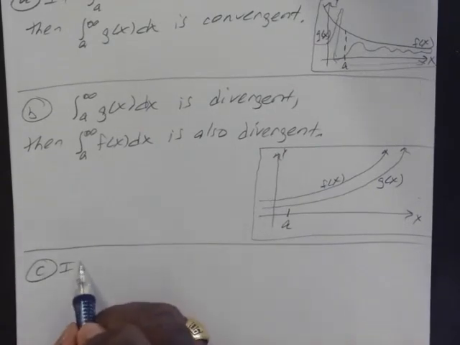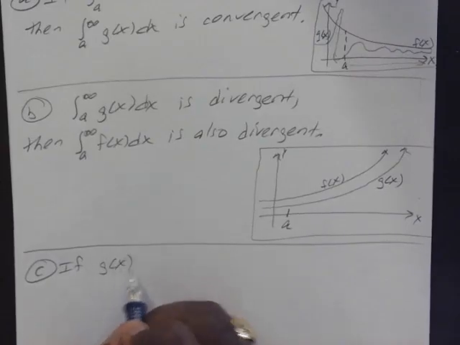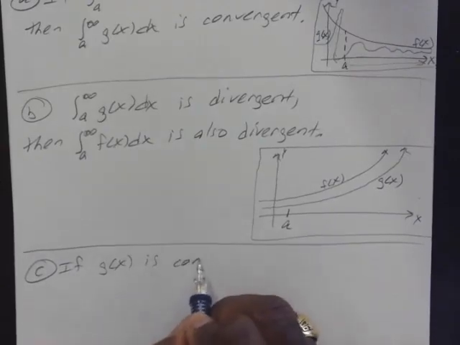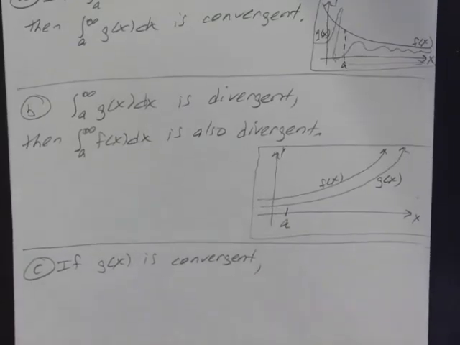Okay. Now the tricky part is if g of x is convergent. Then this theorem means absolutely nothing.